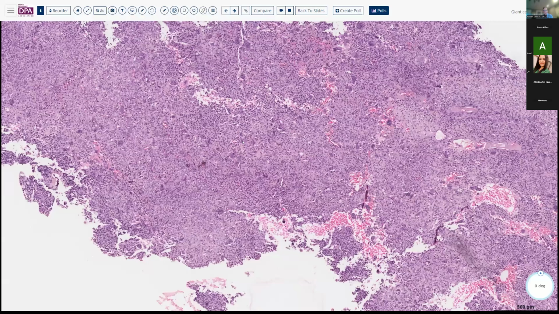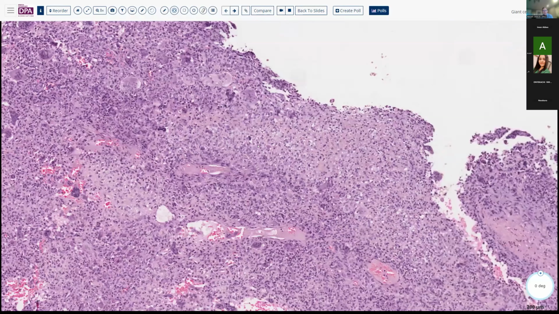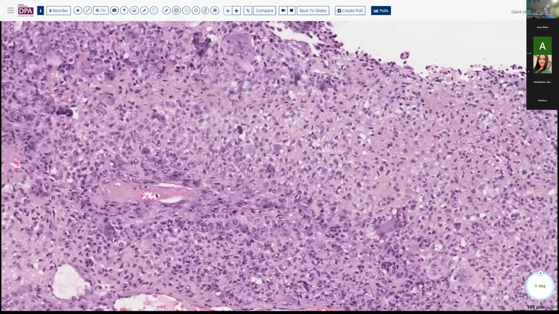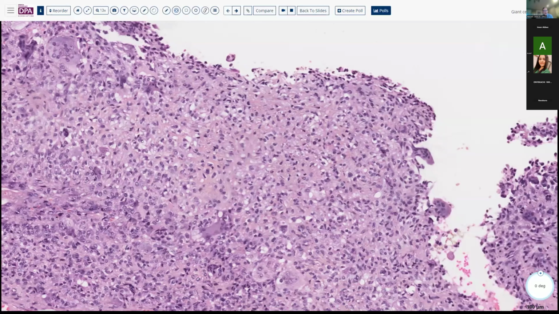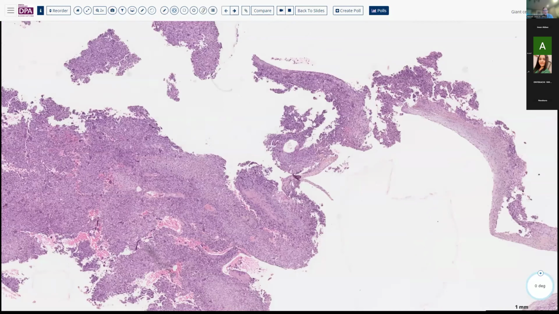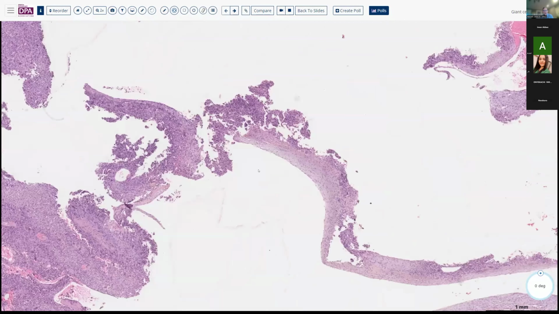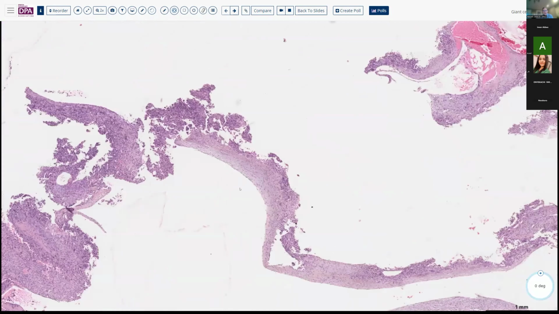Well, let's take a look at some of the other tissue types that are here. Here we see a little bit lower cellularity area, maybe a little bit more fibrous tissue here. So a little bit of an alteration in the cellularity there. Over here, we may see what could be the beginnings of a cystic component.